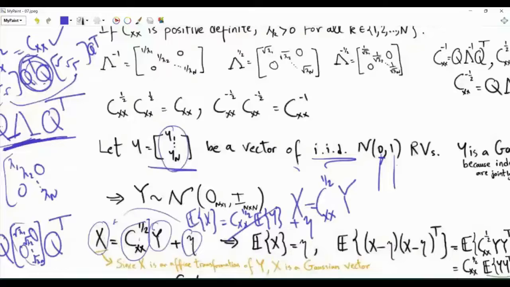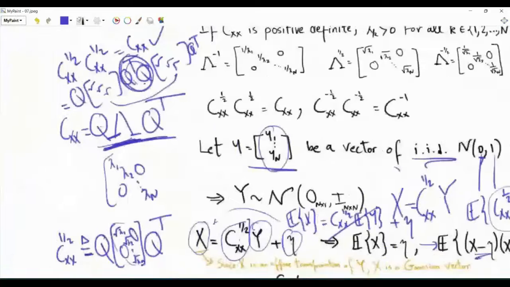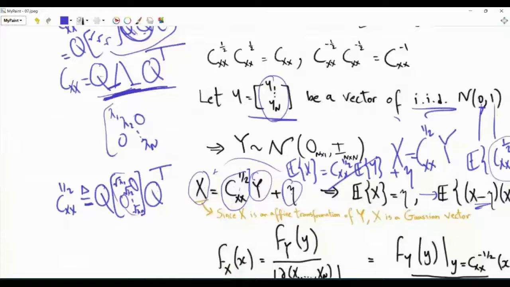And what is the covariance matrix of x? We take x minus eta times x minus eta transpose and apply the expectation. Here x minus eta is this matrix times y. Then we transpose this, so we get y transpose and Cxx to the power 1/2 transposed.